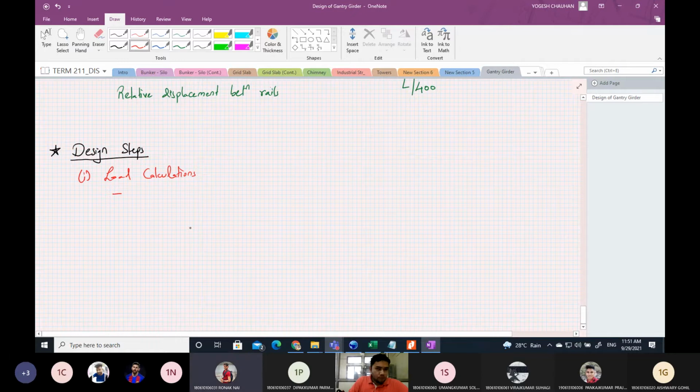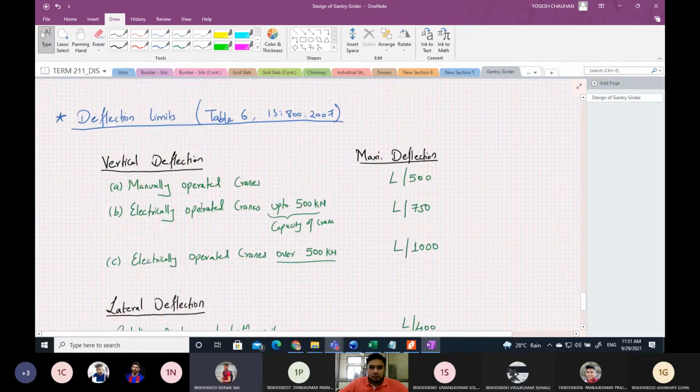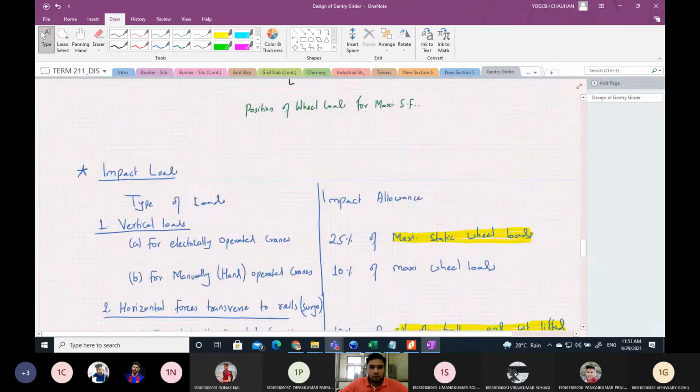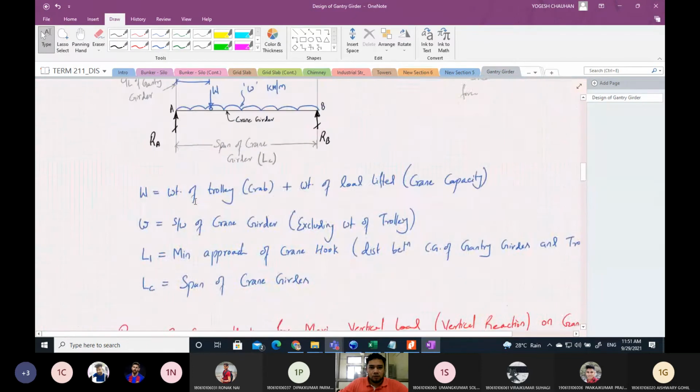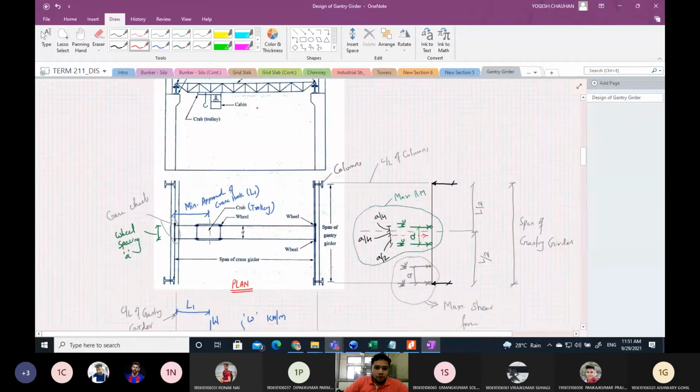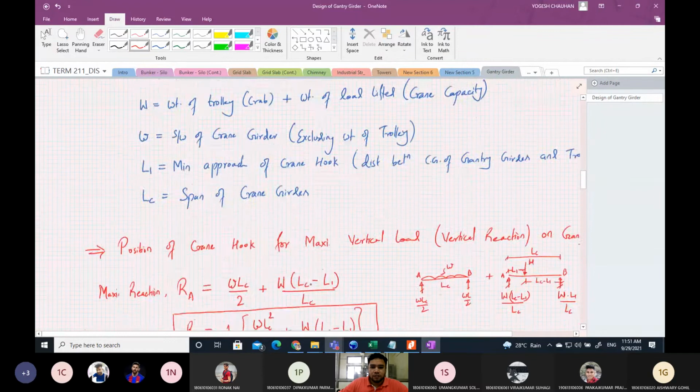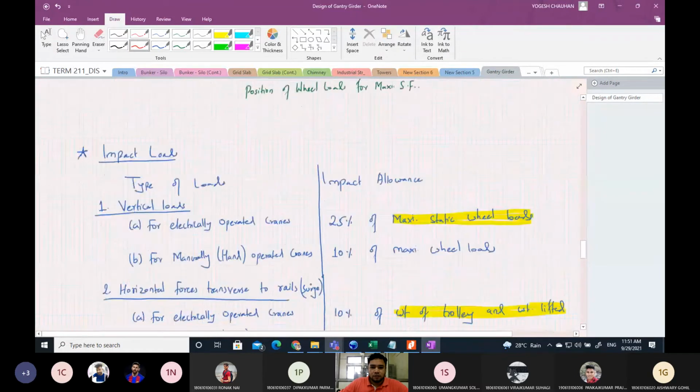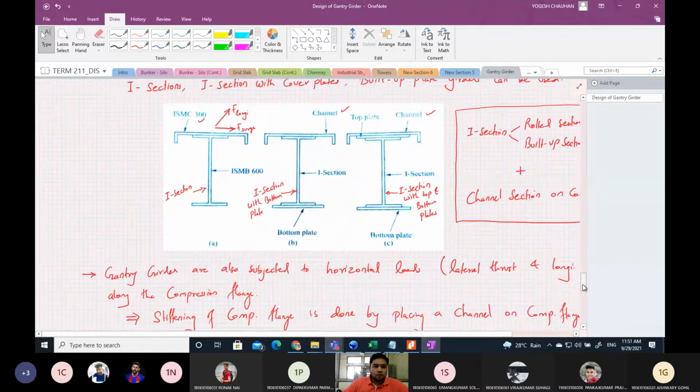Relative displacement between rails, that means we have a rail on top of the gantry girder. The section of the gantry girder is like this. We have an I section. On top, we have a channel, and on top of that, we have a rail.